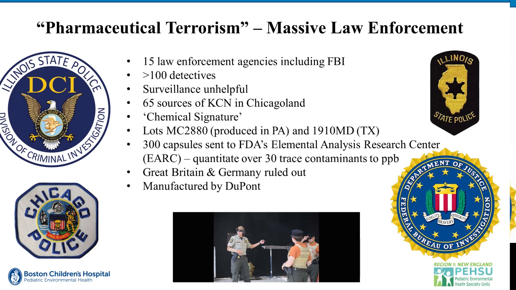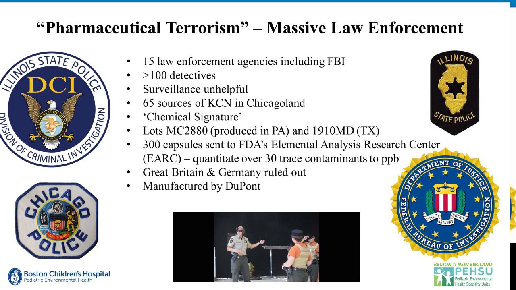The media called this pharmaceutical terrorism. There were 15 law enforcement agencies, including the FBI, that were activated and involved in the investigation. More than 100 detectives. They did do surveillance at pharmacies in the Chicago area. They went and looked and saw if they could identify the potassium cyanide.